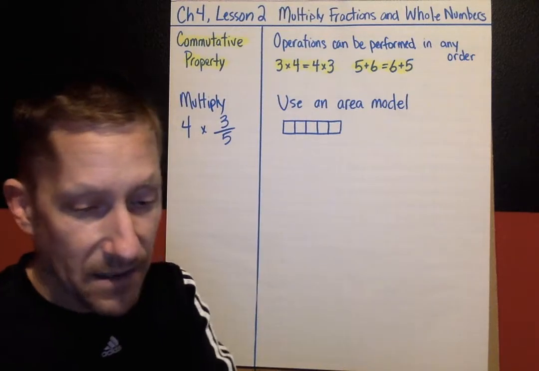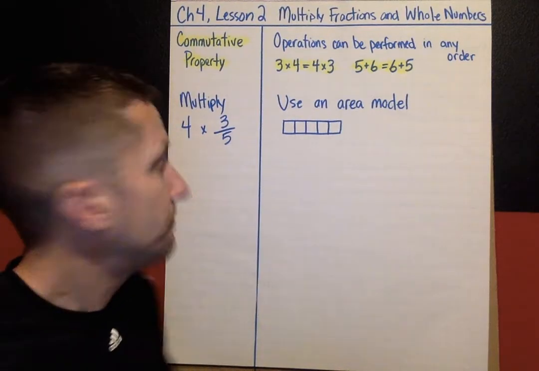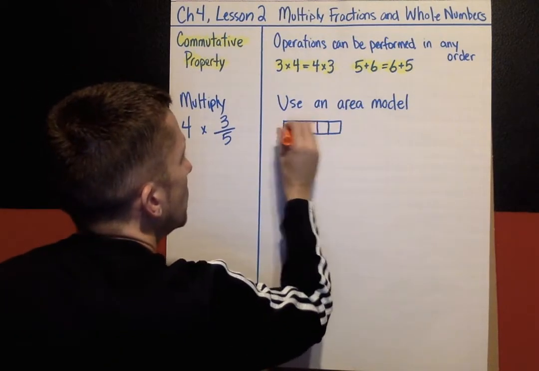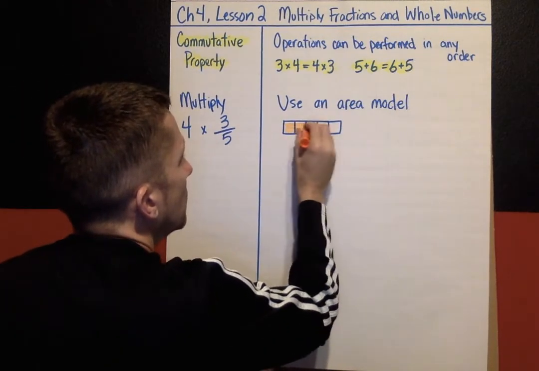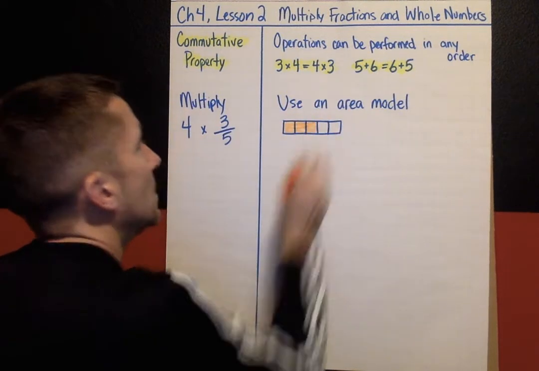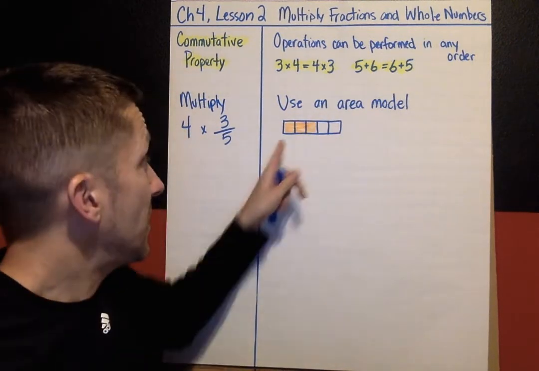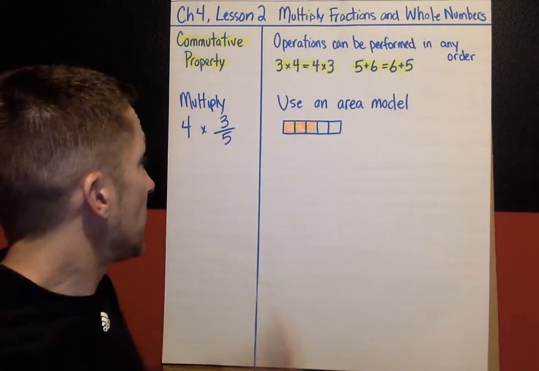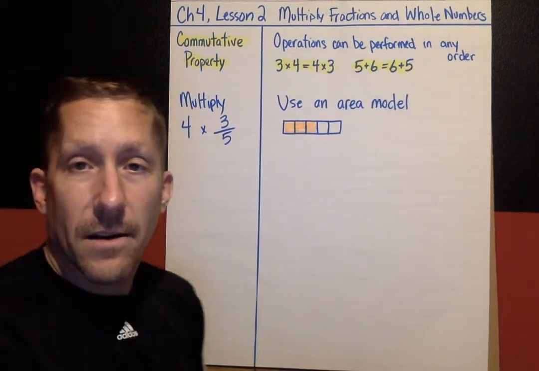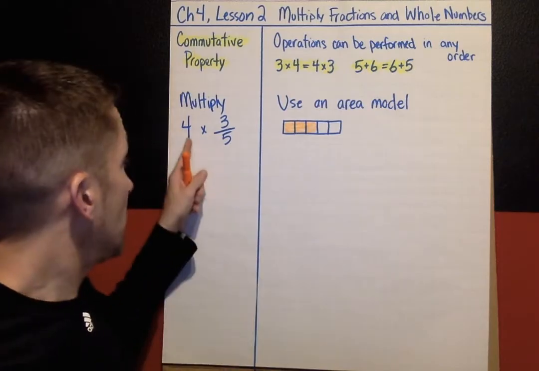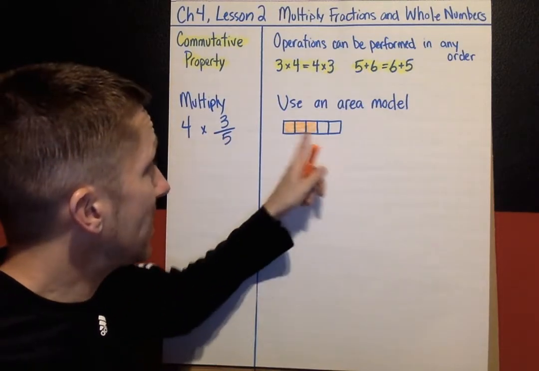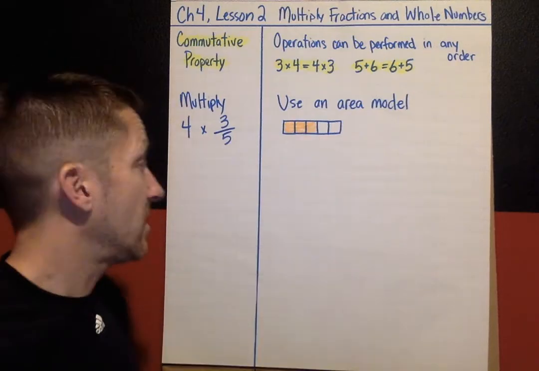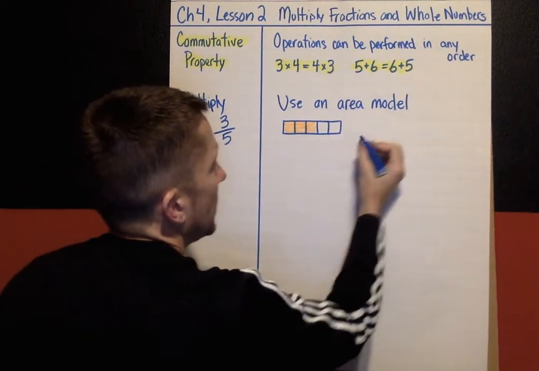So I'll do that. So that is 3 fifths. This is a model right here of 3 fifths. And the problem says 4 times this. So what I need to do is have 4 times this drawing. So I would just do this.